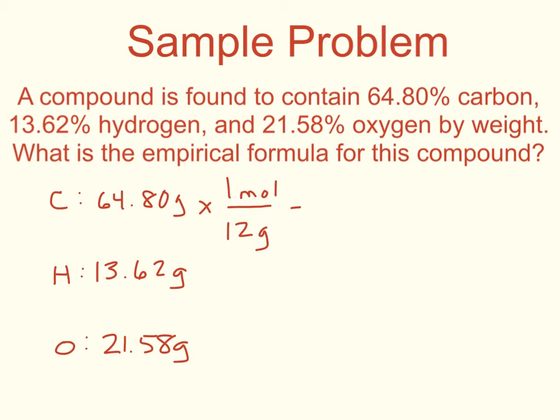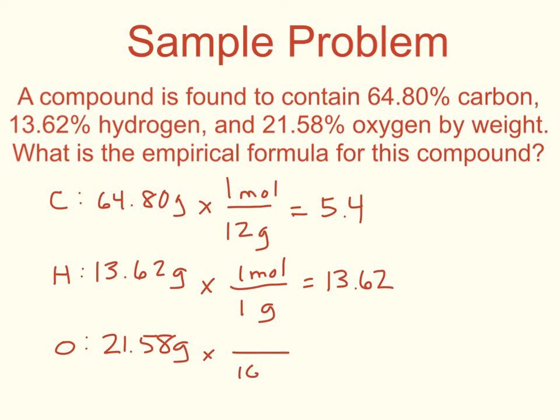Carbon has an atomic mass of 12 grams, so 64.80 divided by 12 is 5.4. Hydrogen has an atomic mass of 1 gram, so we're going to take 13.62 grams divided by 1 gram, and that will give us 13.62. Oxygen has an atomic mass of 16 grams, so we take 21.58 divided by 16 and we get 1.35.